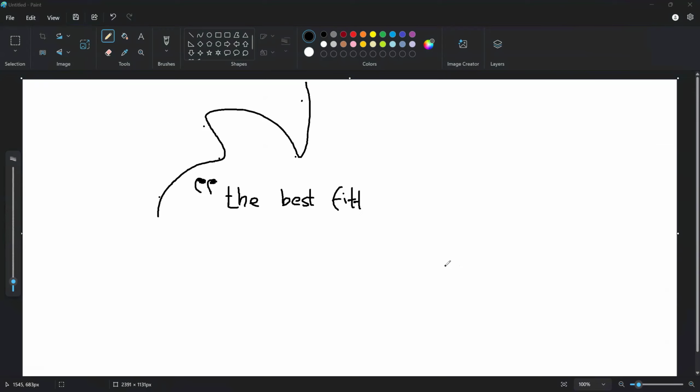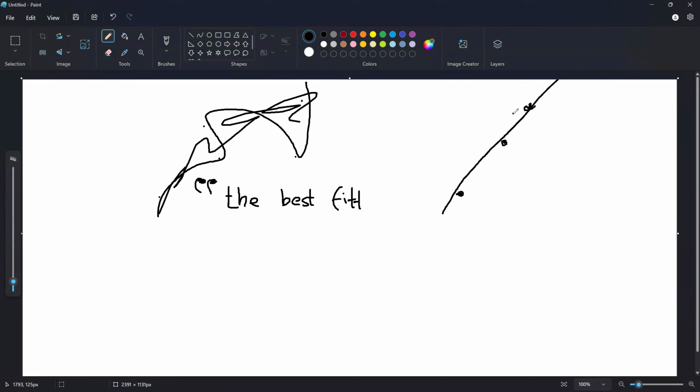Yeah, it's a straight line that goes in between the points. Ignore this. Suppose there are points, and it has to be a straight line.